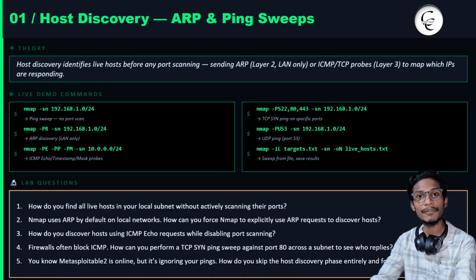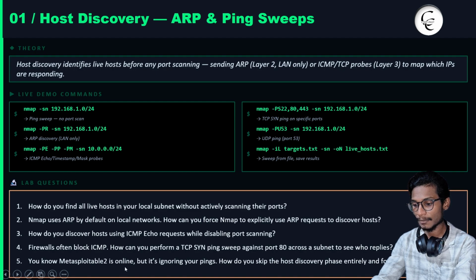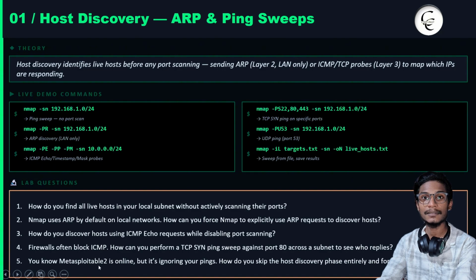Now here we have the final question, the fifth one: Metasploitable 2 is online, but it's ignoring your ping. How do you skip the host discovery phase entirely and force Nmap to scan it? If we know Metasploitable is online but it is not accepting our ping, we will have to directly scan the Metasploitable 2 machine. For that we have to find the target IP.